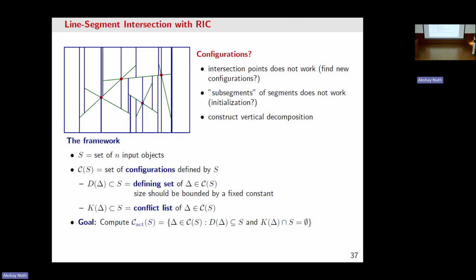But J can be quadratic. So the intersection points can be quadratic. So it's not order J. You have to add the number of intersection points you have at that point. So the vertical decomposition, its complexity is, well, big O, number of segments plus number of intersection points. Right?